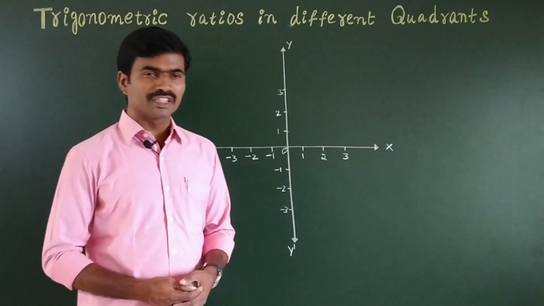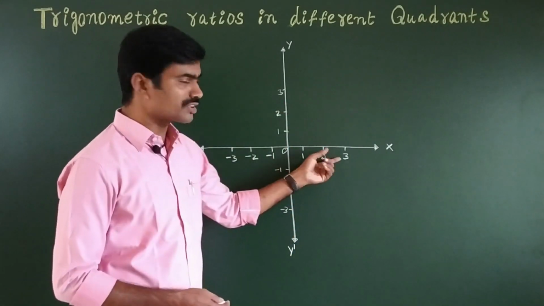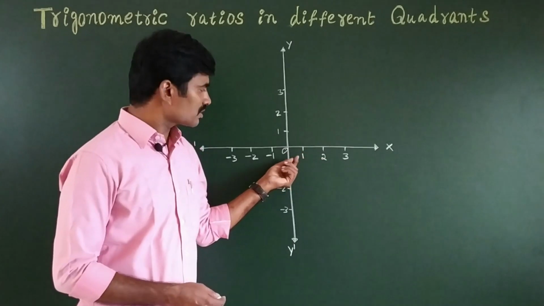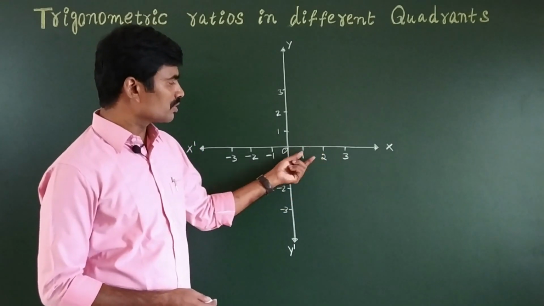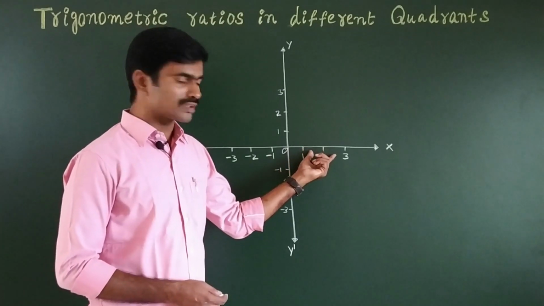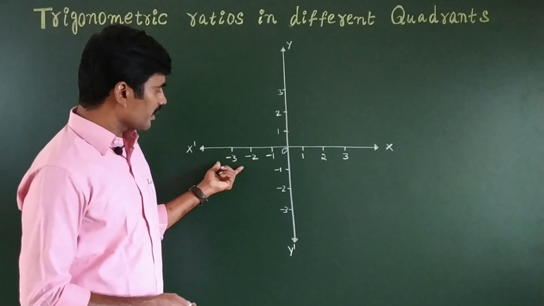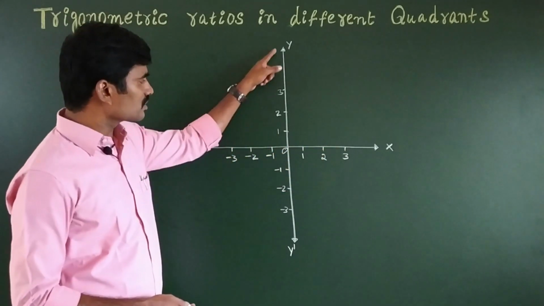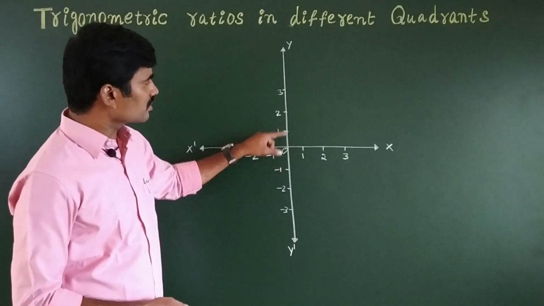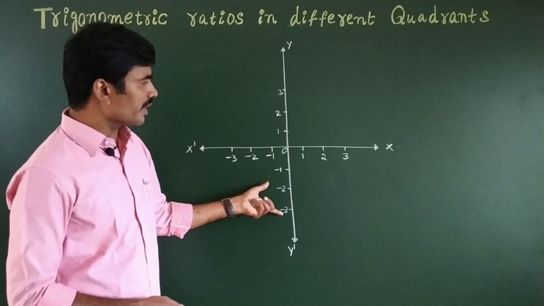In this Cartesian plane, the y-axis divides the x-axis into two equal parts. The right-hand side is positive, so this is the positive x-axis, and the other part is the negative x-axis. The x-axis divides the y-axis into two parts: this is the positive y-axis and this is the negative y-axis.